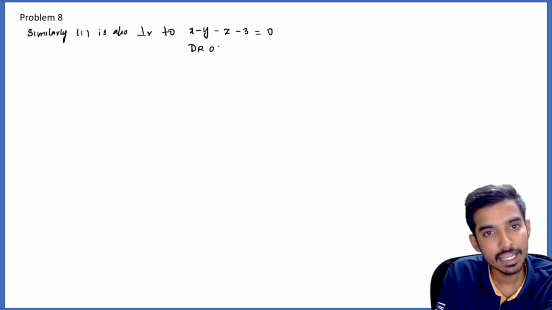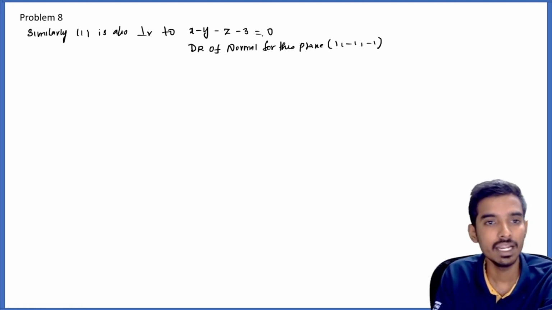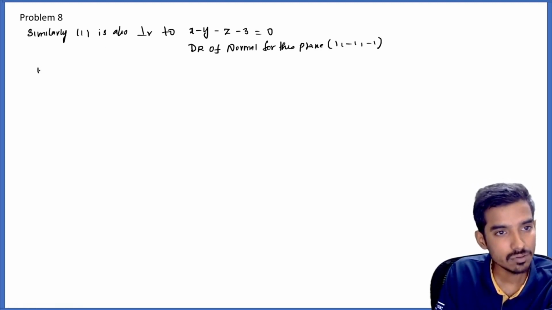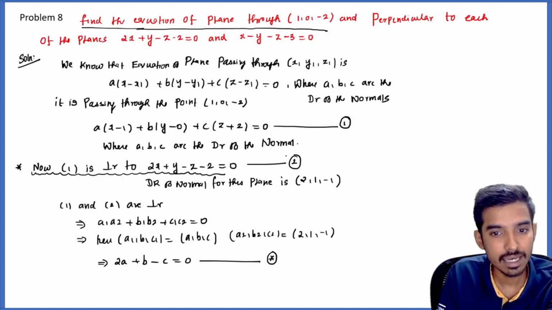So what is the direction ratio of normal to this plane? It is 1, -1, -1, right? Let us call this as 3.